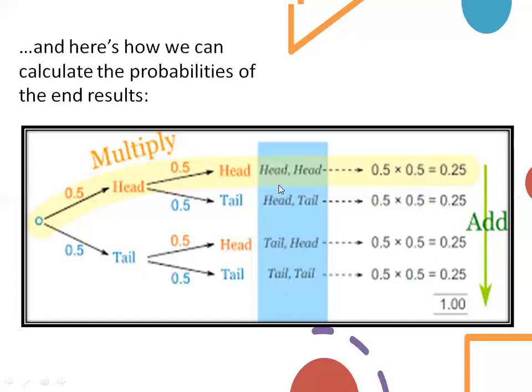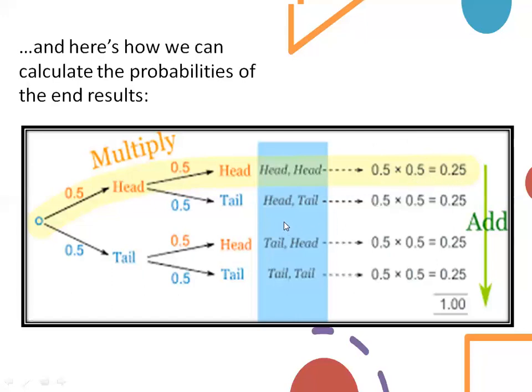And if we want to know the probability of getting two heads, a particular event, then we have to move through this branch and multiply along the branches. See, here I am multiplying 0.5 with 0.5 to get the probability of getting two heads, and the result is written here.